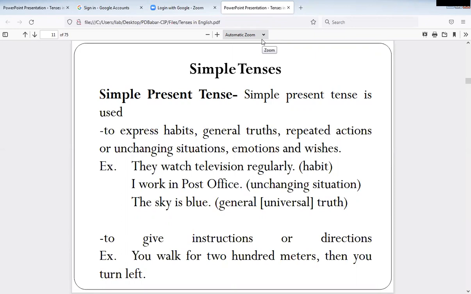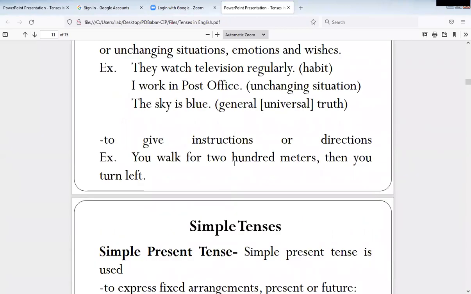Means close the door. Okay, stand on the stool. These are the instructions that you give, or the directions you give when you are performing experiments. So that teacher or lecturer gives the instructions in the simple present tense.